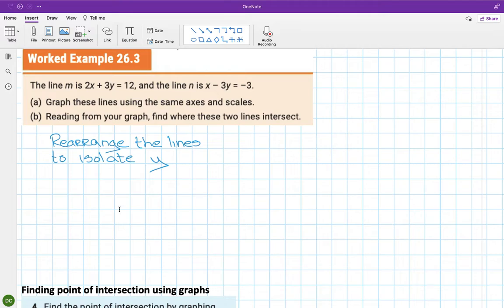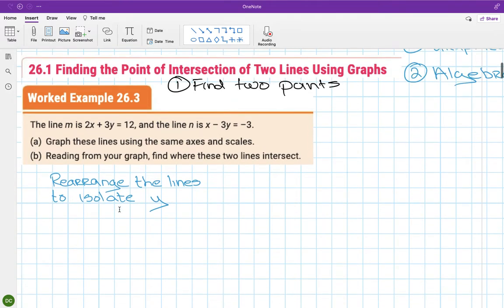The first one is to find 2 points, and you do that by letting x equal 1 and then letting x equal 2, etc., and finding the y values. And then you have your 2 points.